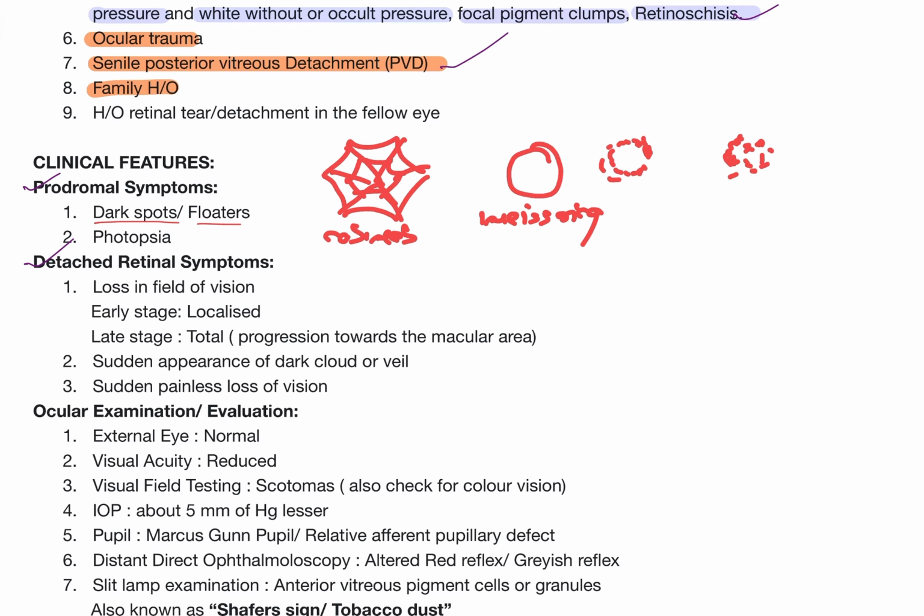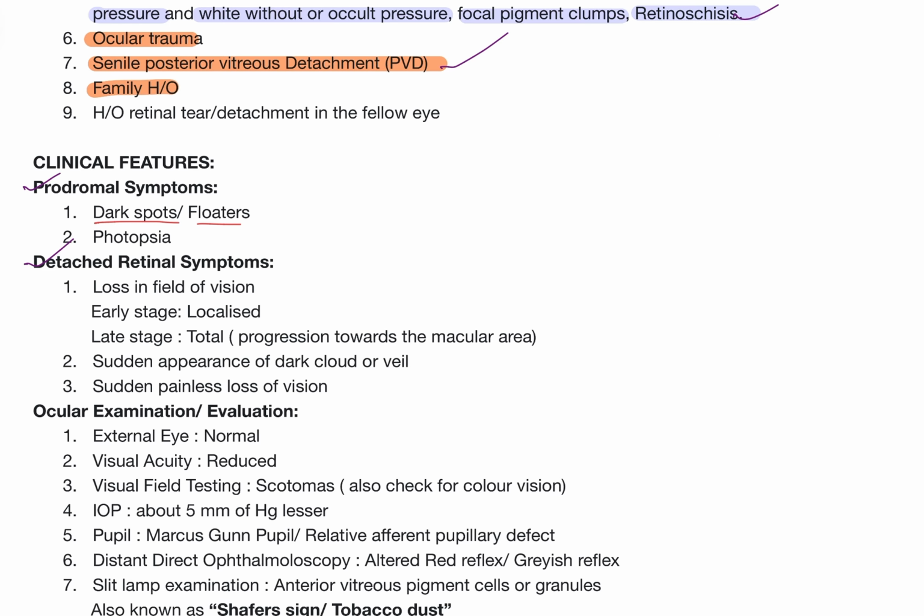And then there is something else called photopsia. So what is photopsia? Photopsia is like sensations of light, flashing sensation of light. What actually happens is when you have a retinal detachment, usually due to some vitreoretinal adhesion. So you have your vitreal cavity, you have your retina.